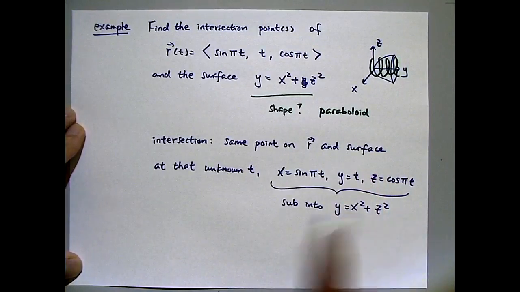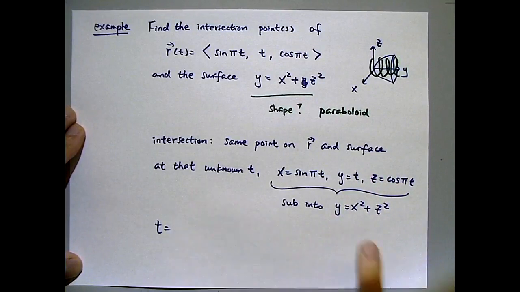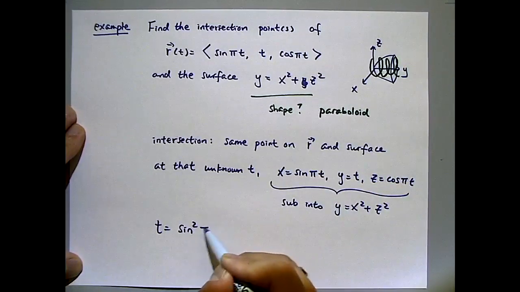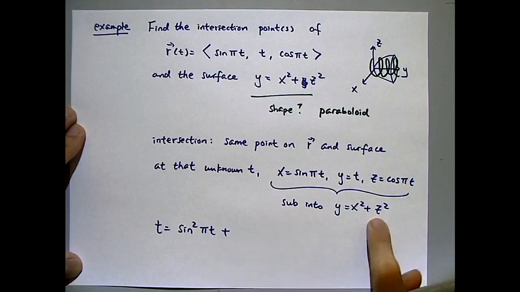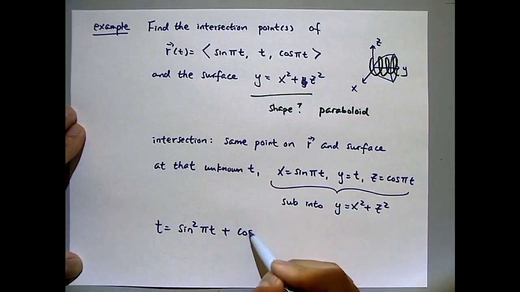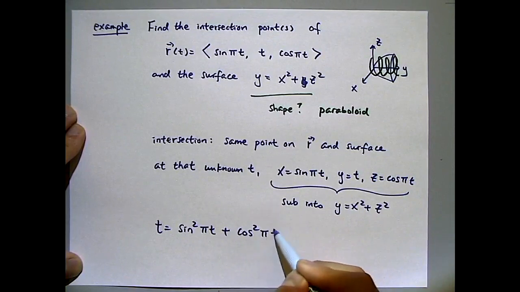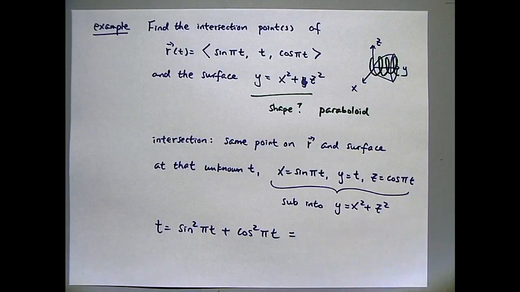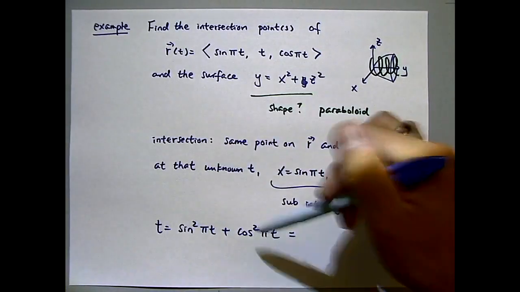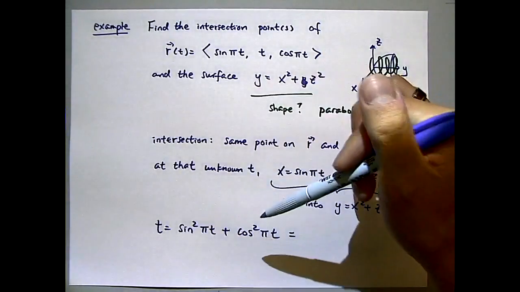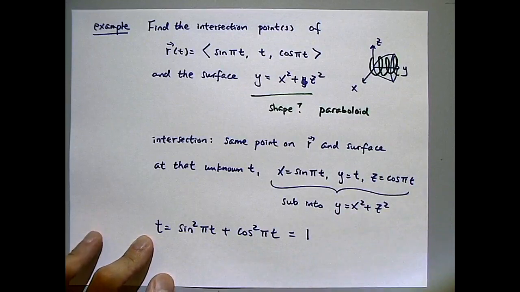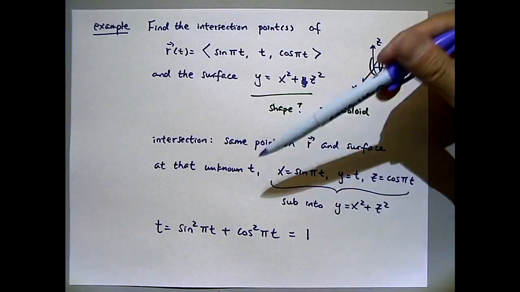We get t, that's y, equals x squared plus z squared, sorry. And we know sine squared of something plus cosine squared of that very same something is always equal to 1. And this tells you right away that t is equal to 1. And that's the unknown t.